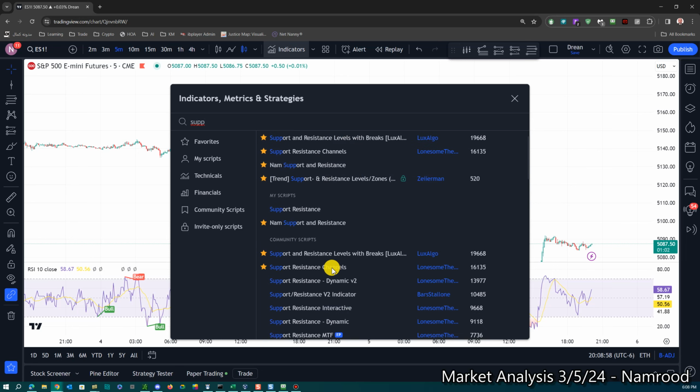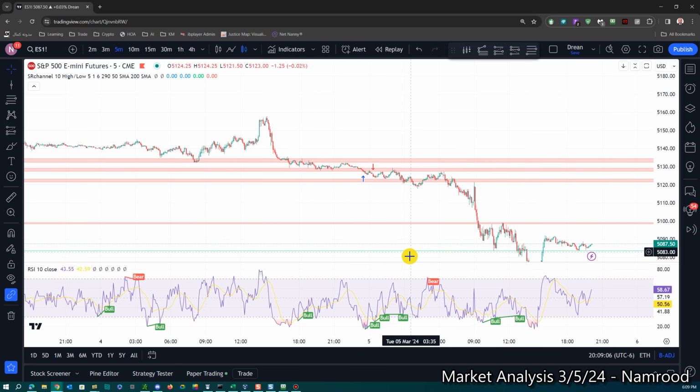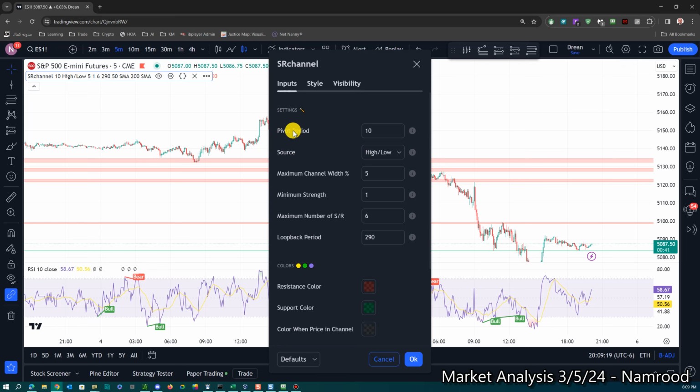You can get something free like this one, Support and Resistance Channels, for example. Let's take this. This is accessible for everybody. Free. And again, you can always configure this. So the pivot period here is 10. We made it 10, like 2 weeks.